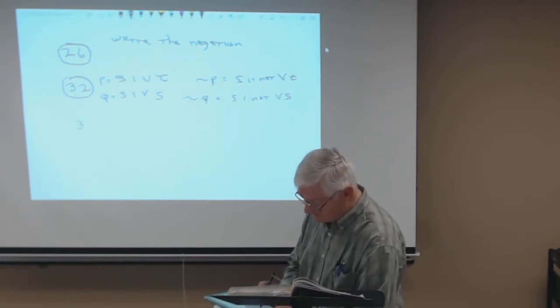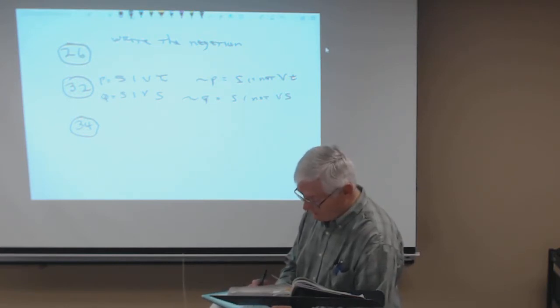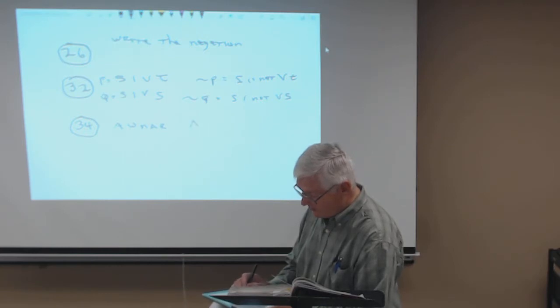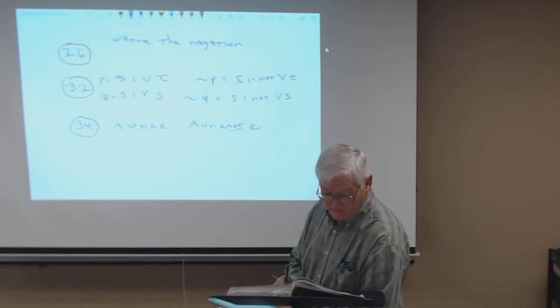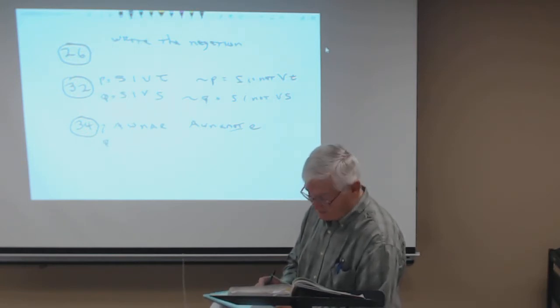34. All whole numbers are even. What would be the negation of that? All whole numbers are not even. Agreed? What's Q? At least one whole number is not even.